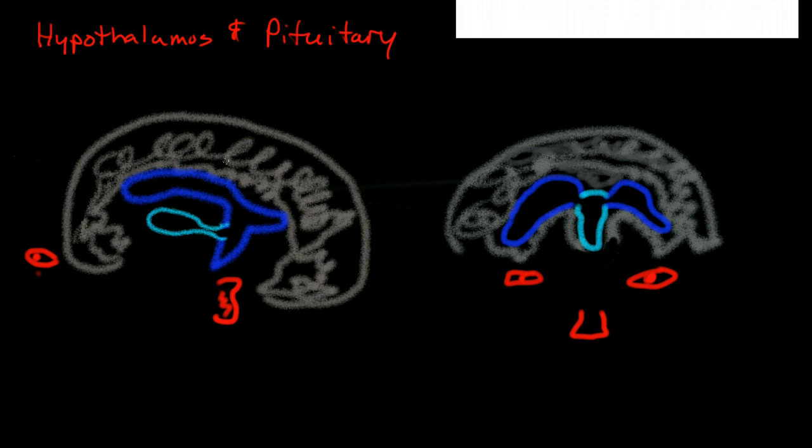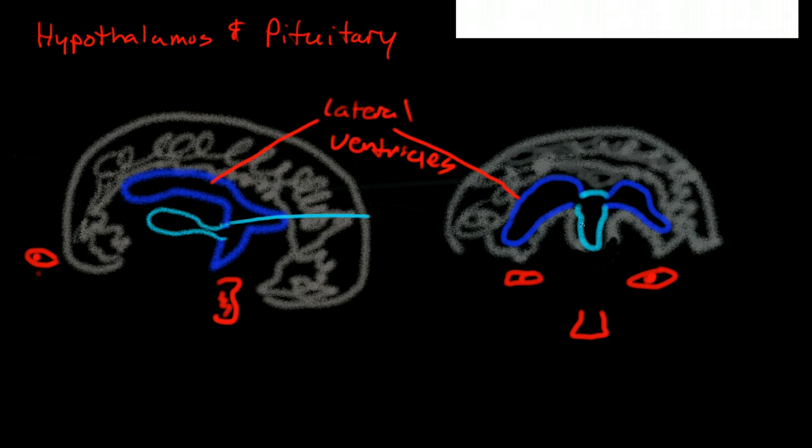So this dark blue structure here is actually the lateral ventricles of the brain. I know we just talked about the neural system, but the brain comes in here as well because of the connection to the hypothalamus.